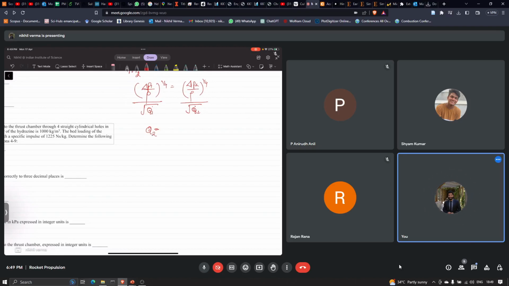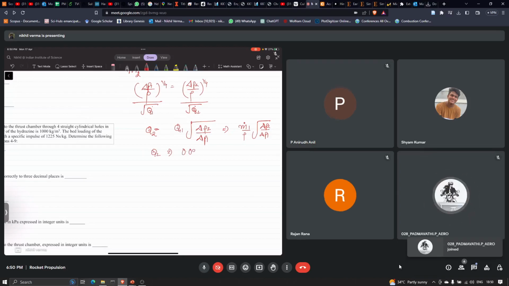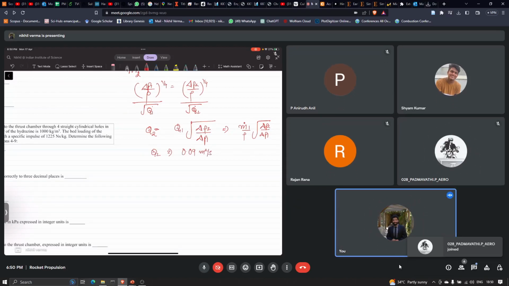So you can calculate q2. This is q1 under root of delta p2 by delta p1, so this is m dot 1 by rho under root of delta p2 by delta p1. With this you will get a value of 0.09 meter cube per second.